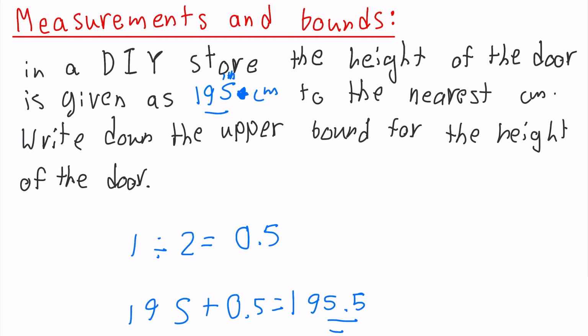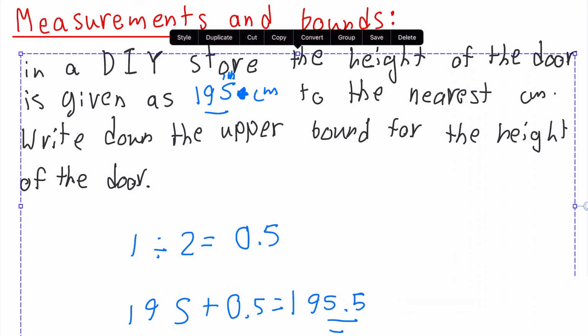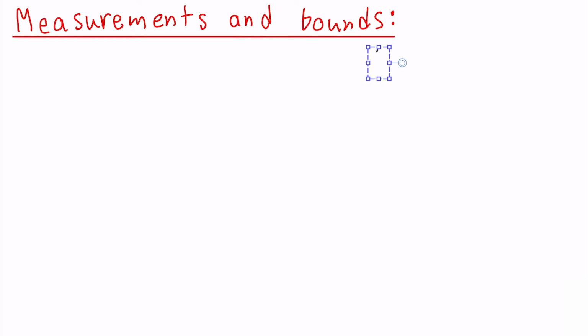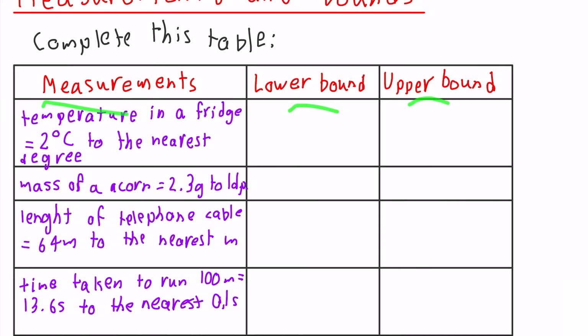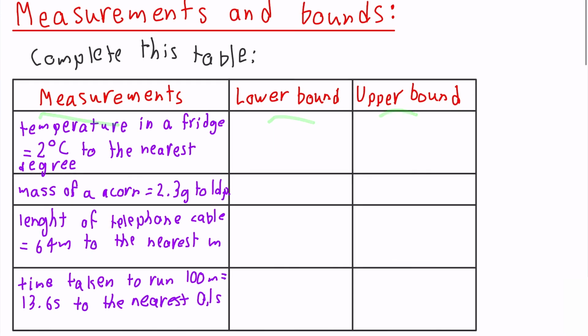Let me give you another question. So here's the last question. It's telling us to complete this table with the measurements, lower bound and upper bound. First, the temperature in a fridge is 2 degrees Celsius to the nearest degree.